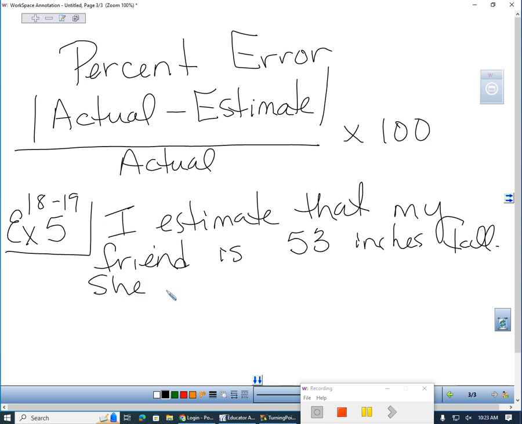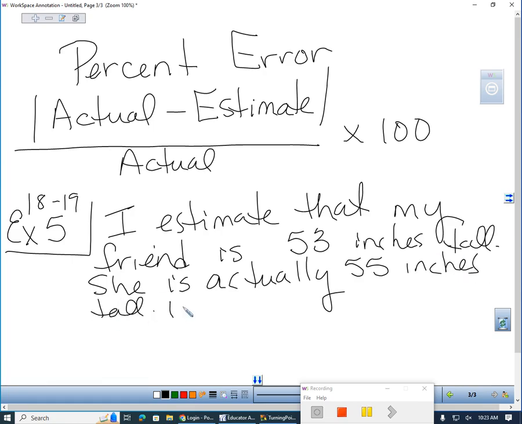She is actually 55 inches tall. What is the percent error?